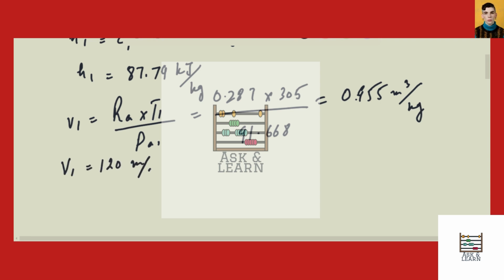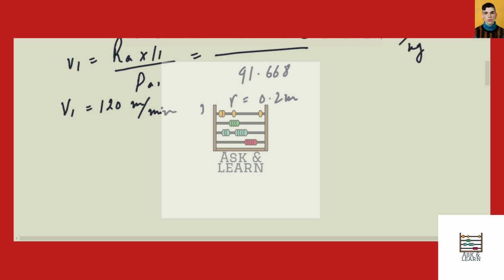So from the given velocity of air, V1 is equal to 120 meters per minute, and the radius of the tube R is equal to 0.2 m, and the specific volume v1, we can calculate the mass flow rate of the air, that is M is equal to V over v1.